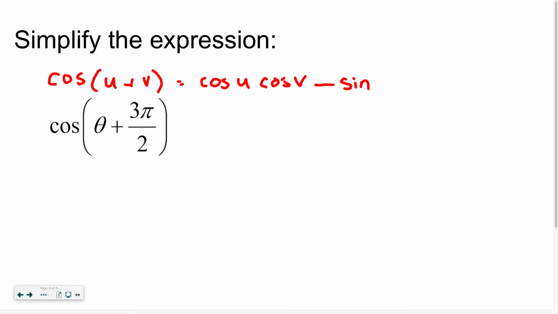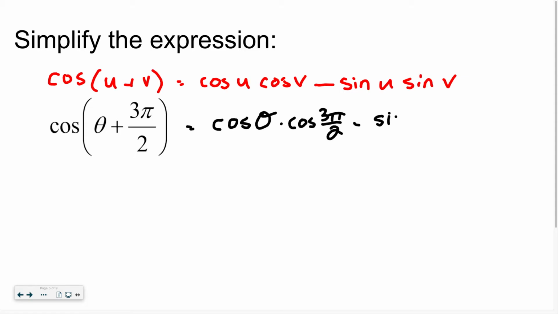Yep. Okay. I just want to write it like it is on the front of the page. Okay. So I work it out. This is the cosine of theta times the cosine of 3 pi over 2 minus the sine of theta times the sine of 3 pi over 2.